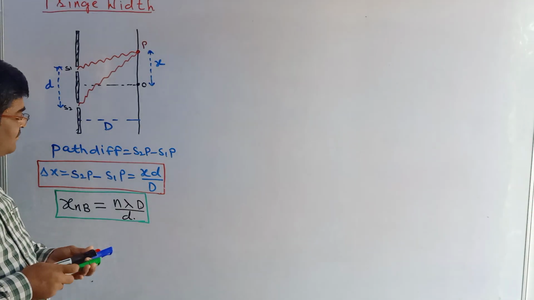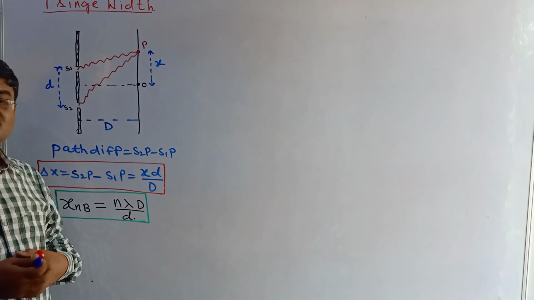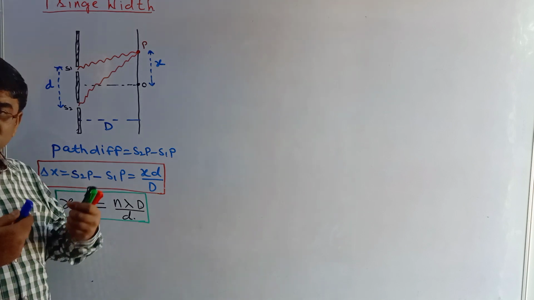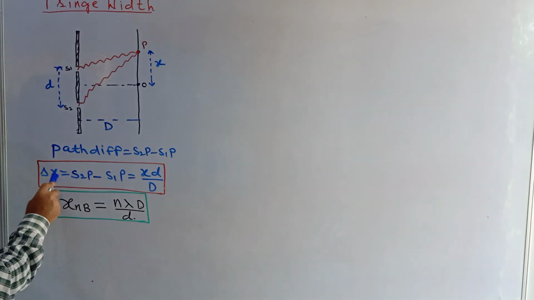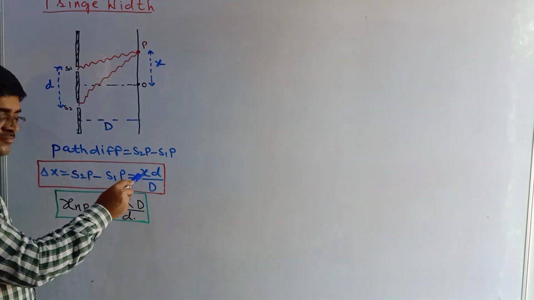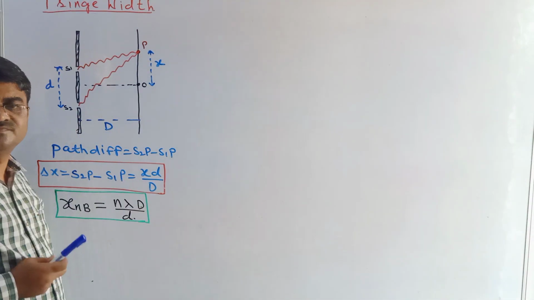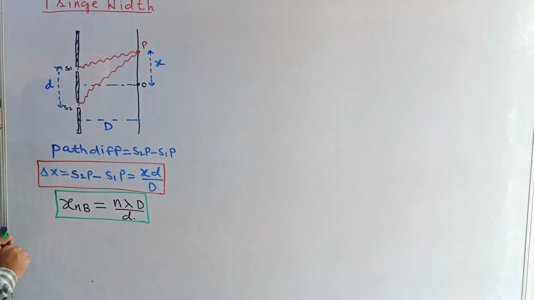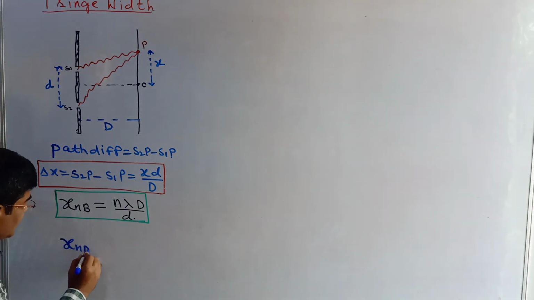Similarly, if I want to know where is the nth dark band on the screen, and what is the location of the nth dark band, for that again this is my basic. Having this, I will substitute (2n minus 1) lambda by 2, and if I rearrange it, what I get is X_nD.